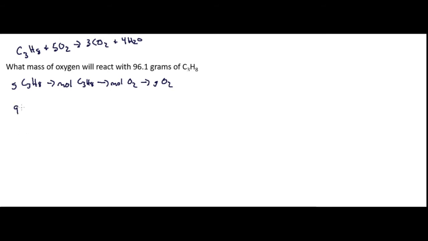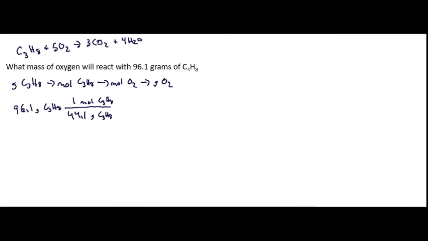So I have 96.1 grams of C3H8. So we're going to divide that by the molar mass of C3H8, which is 44.1 grams. And that's for every 1 mole.